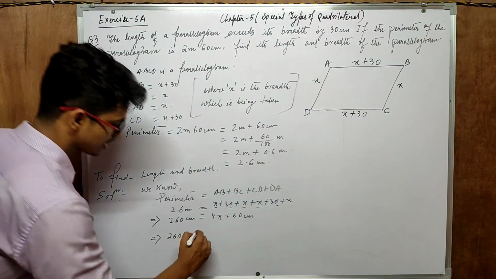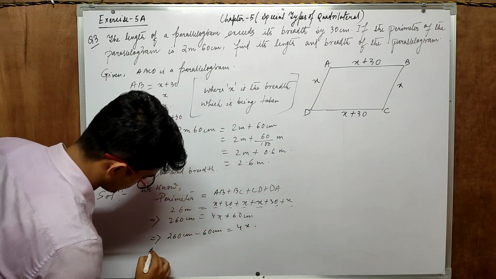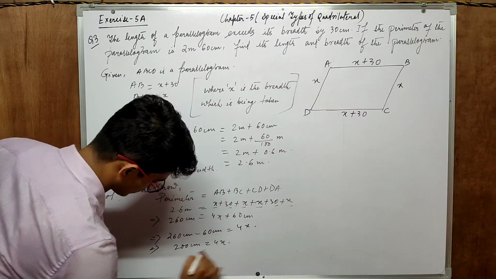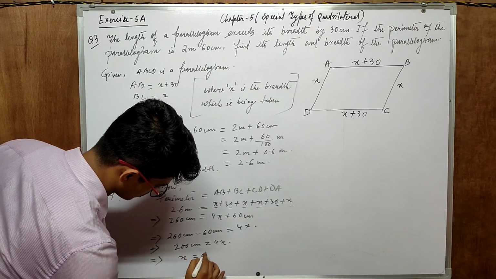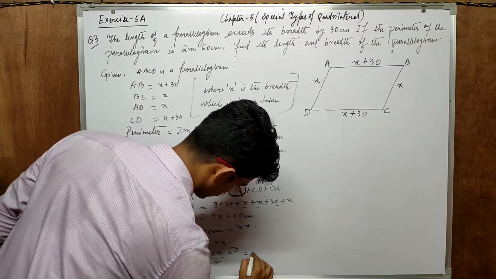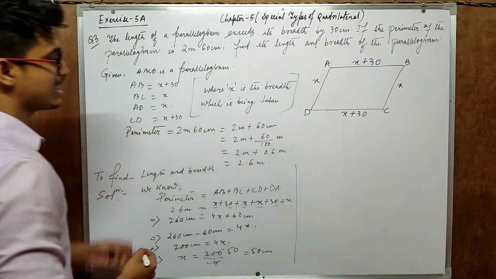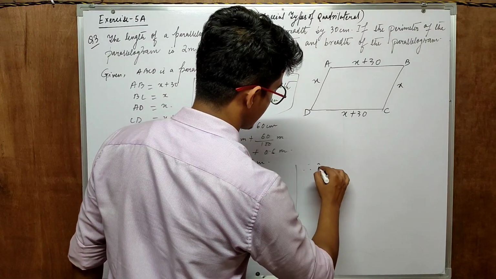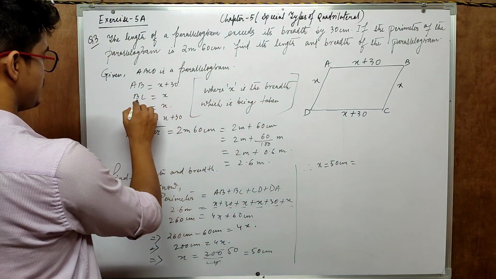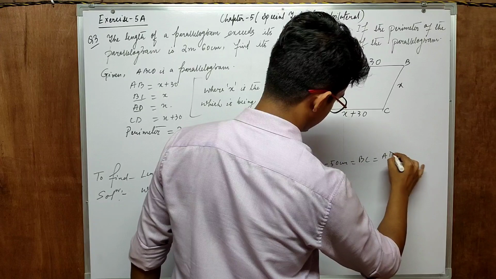So 260 minus 60 centimeter equal to 4x. That means 200 centimeter equal to 4x, so x equal to 200 by 4, which is 50 centimeter. Therefore x equal to 50 centimeter, which is equal to BC and AD.